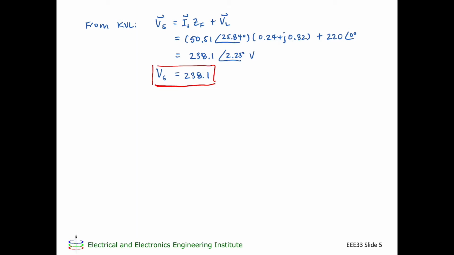Okay, so what is the power and reactive power delivered by the source? Again, from complex power, the complex power delivered by the source is equal to the voltage of the source multiplied by the conjugate of the current through the source.